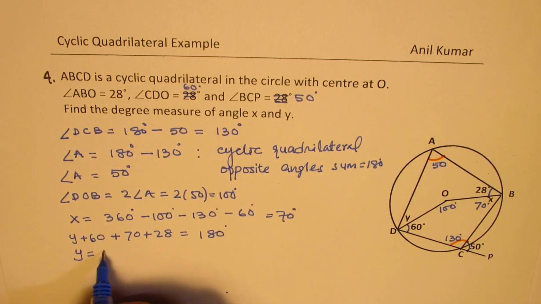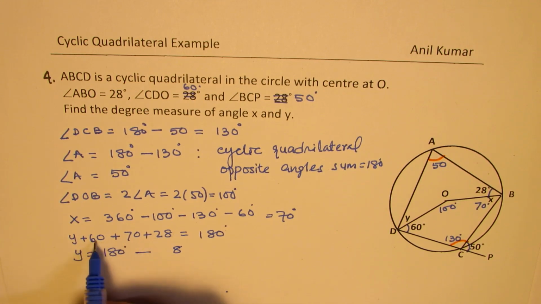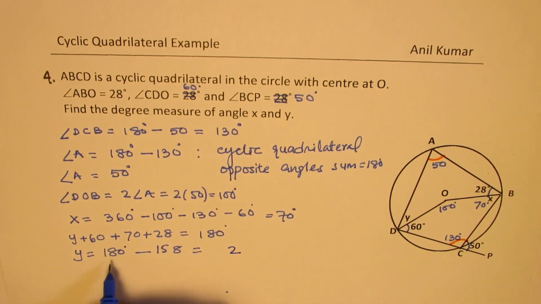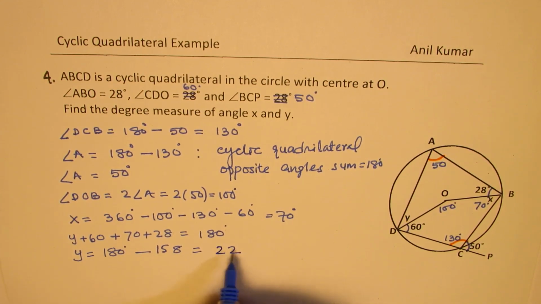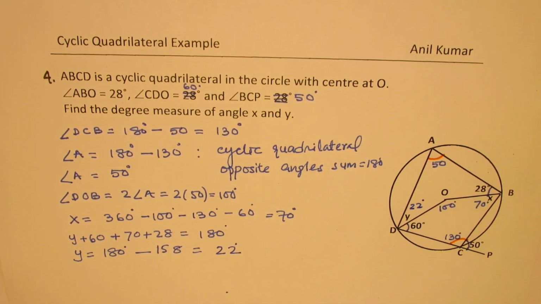So y is 180 minus the sum of these, which is 8 and 6 is 14, 7 is 15, 16... which is 158, so 180 take away 158 is 22 degrees. So we get y as 22 degrees. Correct?